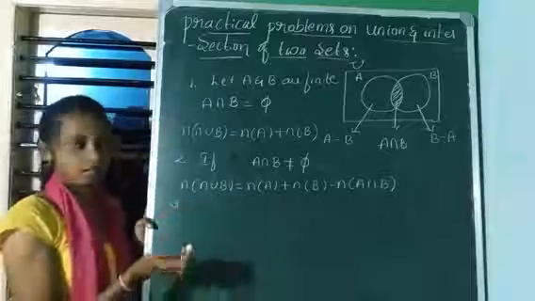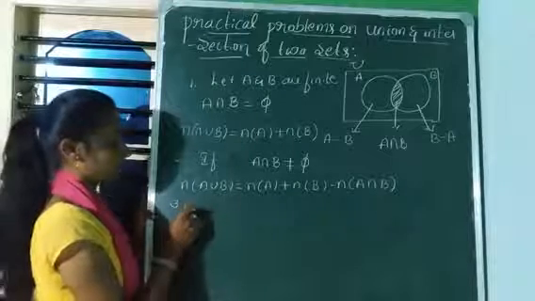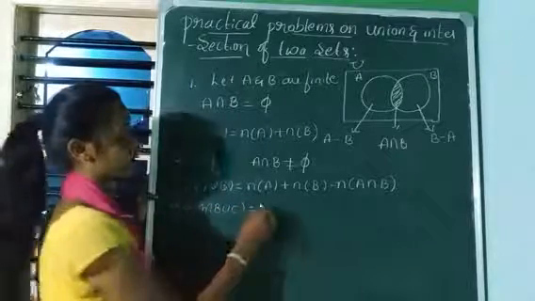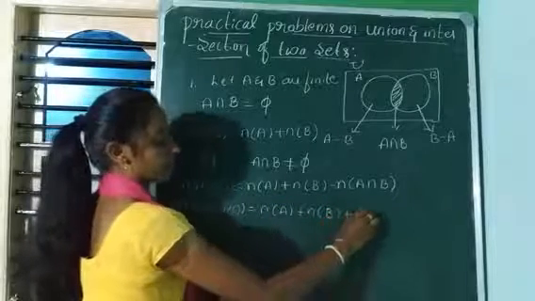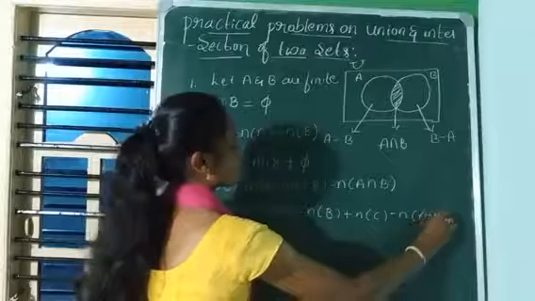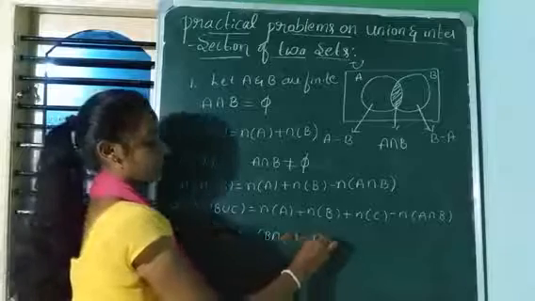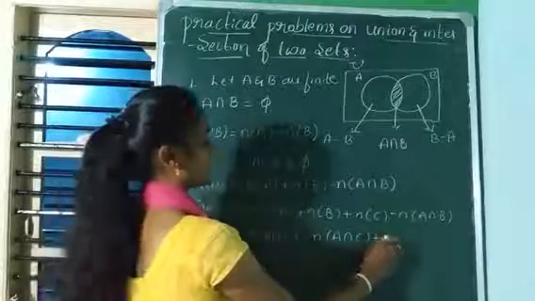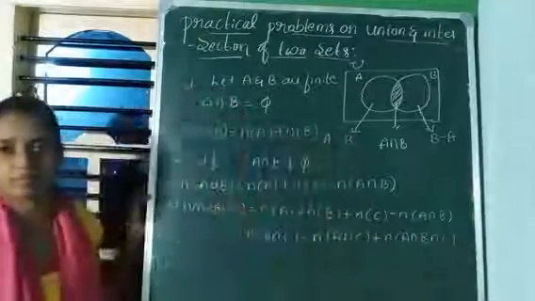And the last is, if there are more than two subsets, there will be another circle. In that case, n of A union B union C can be written as n of A plus n of B plus n of C. You need to subtract n of A intersection B, n of B intersection C, and n of A intersection C. Then you need to add n of A intersection B intersection C. Is it clear?